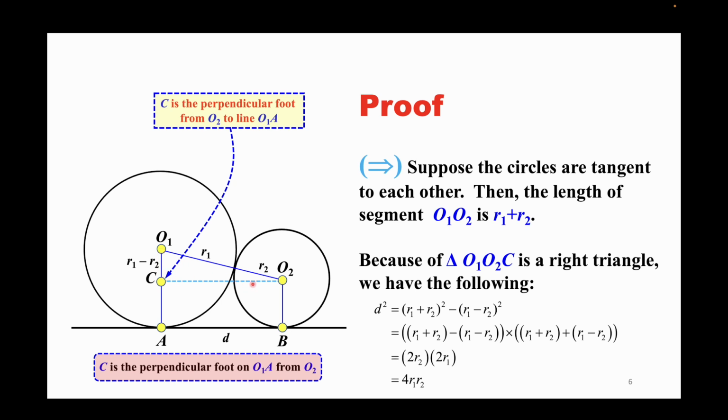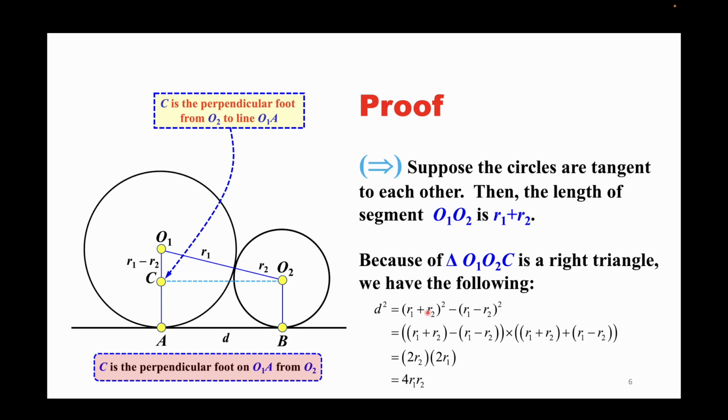Because this is a right triangle, the square of this and the square of this should be equal to the square of the sum of the radii. As a result, we have D squared is equal to the square of this minus the square of this.